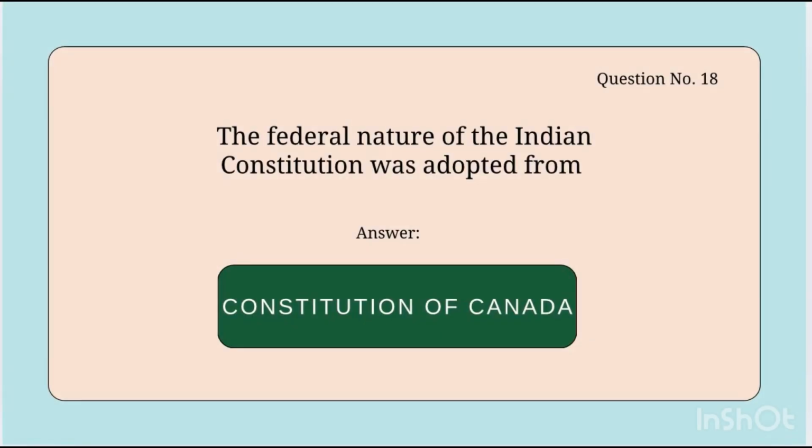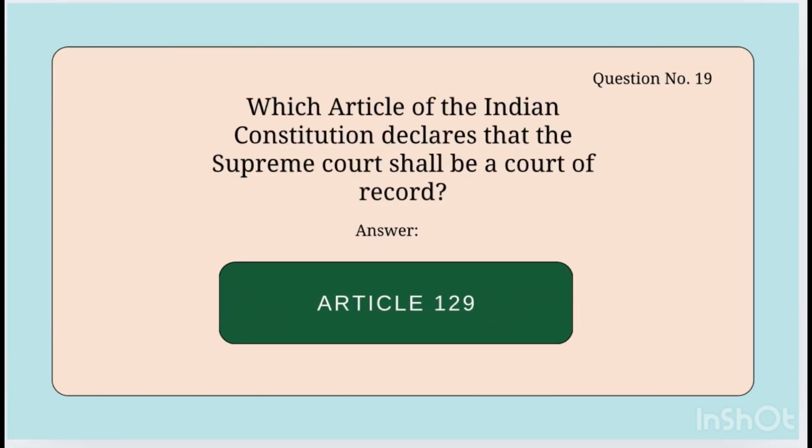The next question, the federal nature of the Indian Constitution was adopted from the Constitution of Canada. The next question, which article of the Indian Constitution declares that the Supreme Court shall be a court of record? So the answer is Article 129.